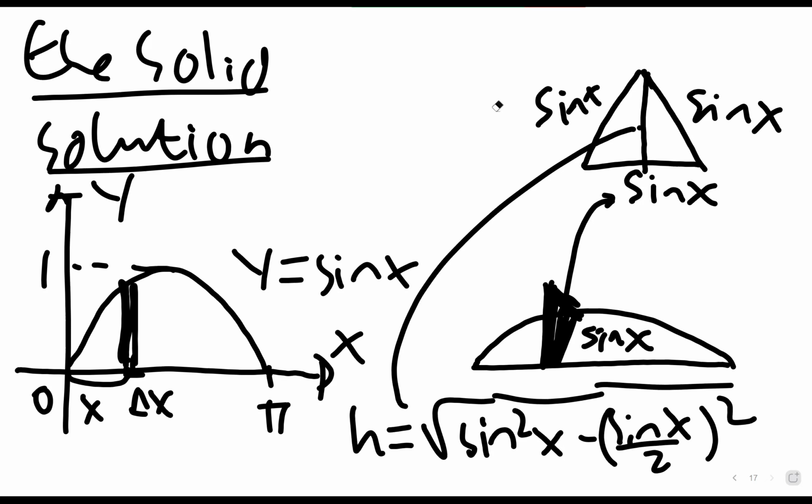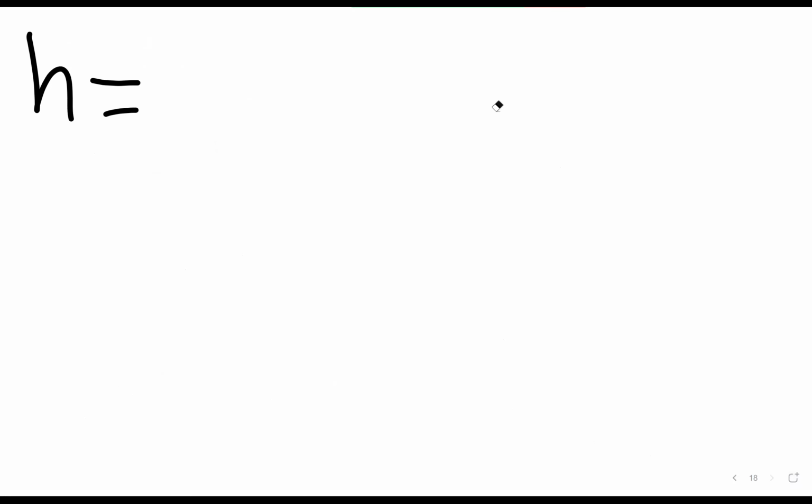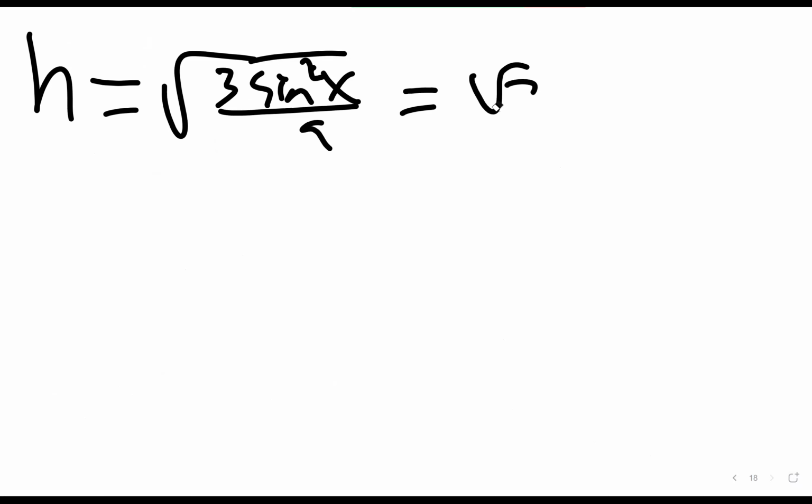So the height, or the altitude, of the triangle will be h equals the square root of sine x squared minus sine x squared over 4, which is the square root of 3 sine x squared over 4. That would be square root of 3 over 2 sine x.